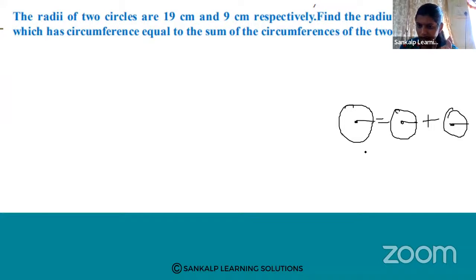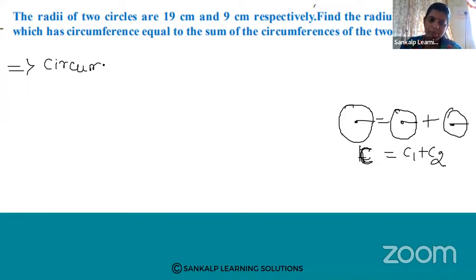Yes. So this is big circle A, or you can call this C. This C means circumference C1 plus C2. Right. So this one circle's circumference is equal to the sum of circumference of these two circles. So you know the circumference formula. Yes. Circumference of a circle is 2 pi r.